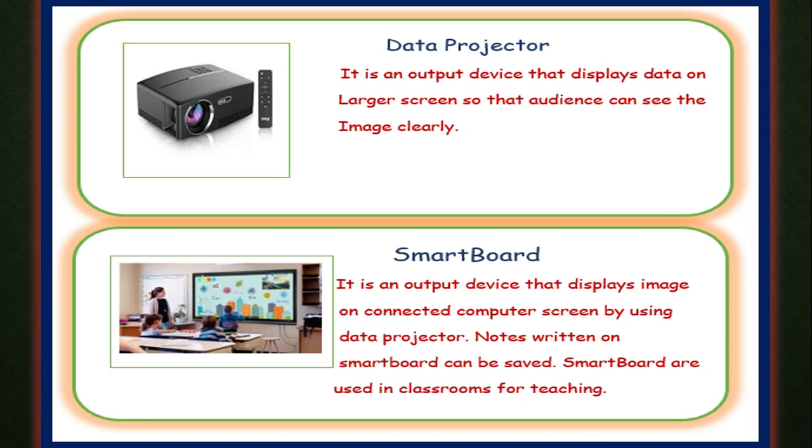It is used when there is a large audience, because if we use a blackboard, then probably the information will not be visible to the audience. But a data projector displays the information on a large screen, so the audience can see the image more clearly.